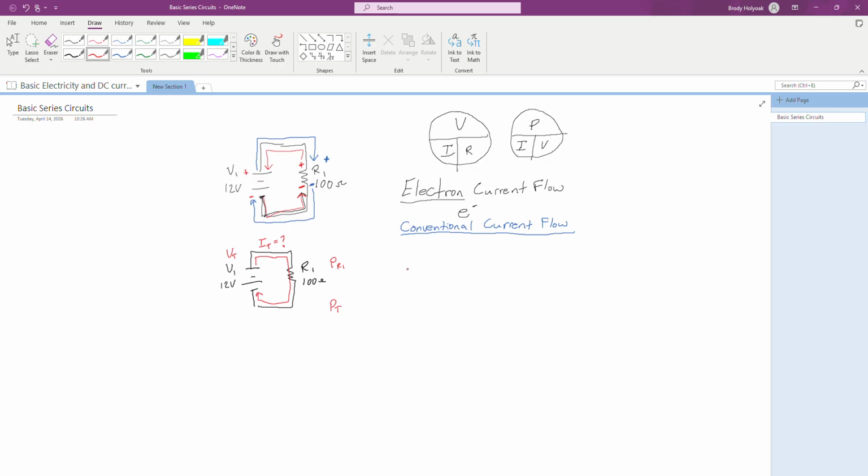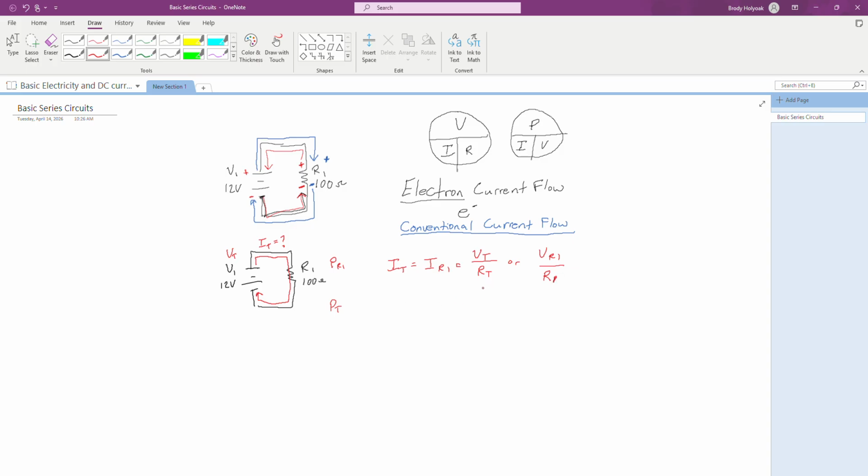So to find my values, my current total is going to be equal to the current flowing through resistor 1. And to solve for that, I take either the voltage total divided by my resistance total, or I can take the voltage of R1 divided by the resistance of R1.